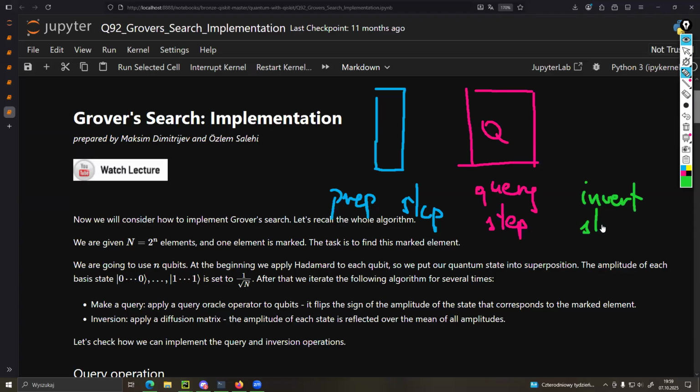And then measure. So this will be the G matrix. This will be an H matrix, right? And there will be a measure at the end. And there are some qubits here.